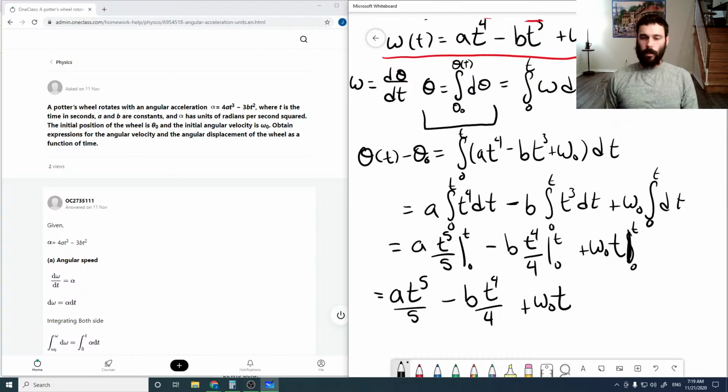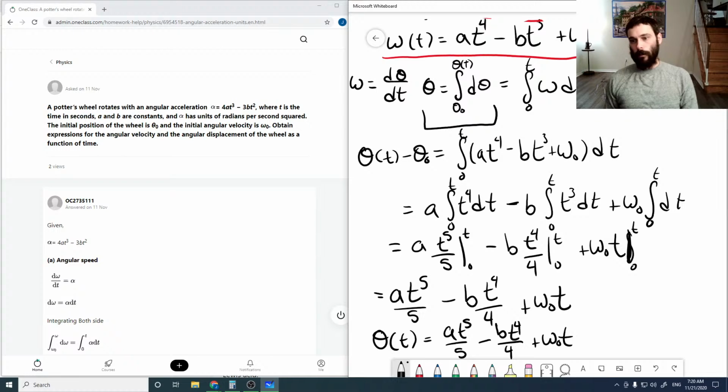And then rearranging for our theta t, theta t is just a t to the 5th over 5 minus b t to the 4th over 4 plus omega naught t plus theta naught. Okay, so then there's our expression for theta t.